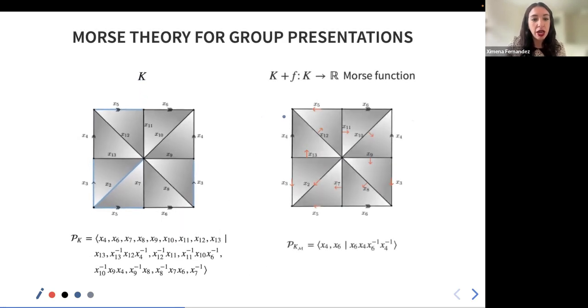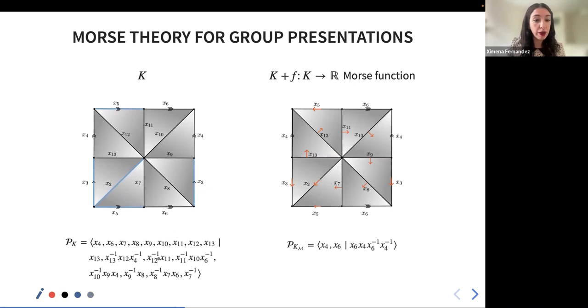Great. So as I said before, this is a presentation of cell times cell, a huge presentation of this group. But suppose that we want to simplify this presentation. So we first define some Morse function on top of K. And then we are able to really understand the Morse complex.